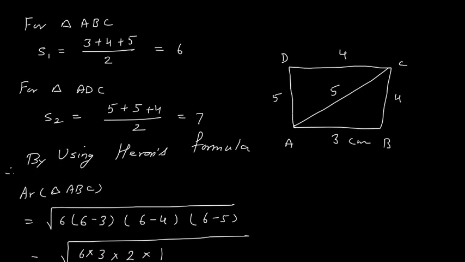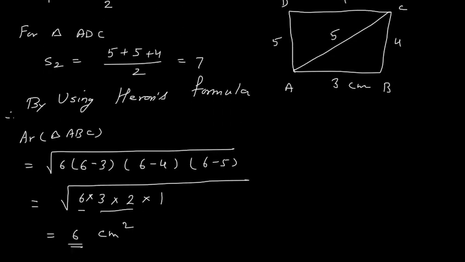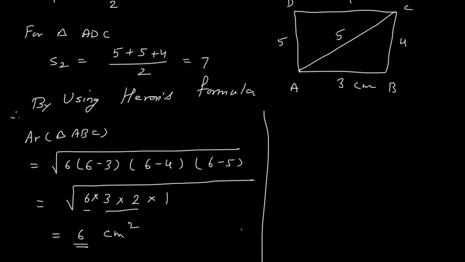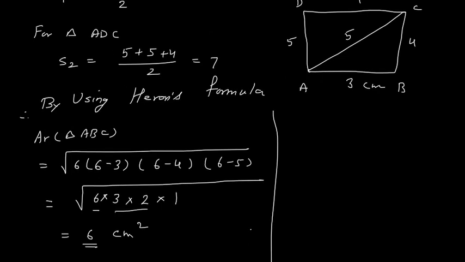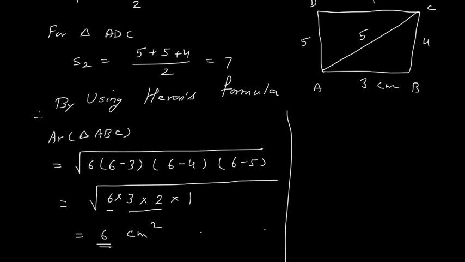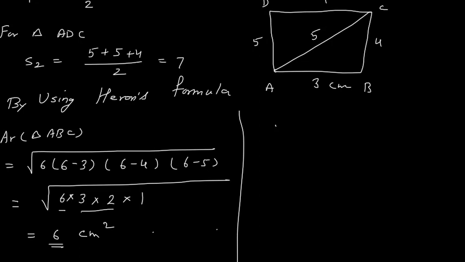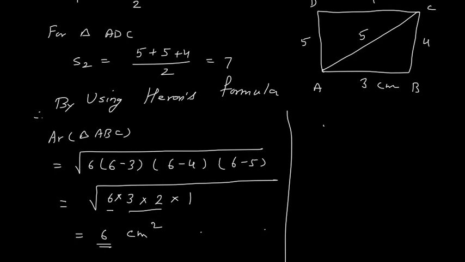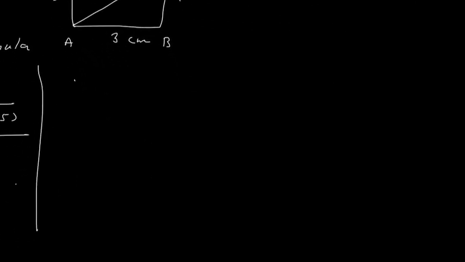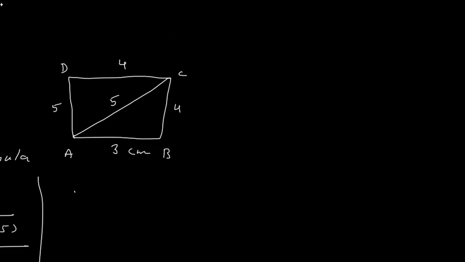Similarly, area of triangle ACD will be equal to square root of, here the perimeter is 5, 5, 10 plus 4, 14, so S is 7.